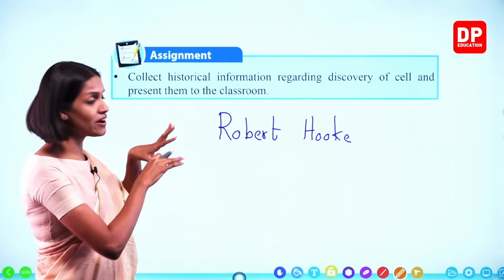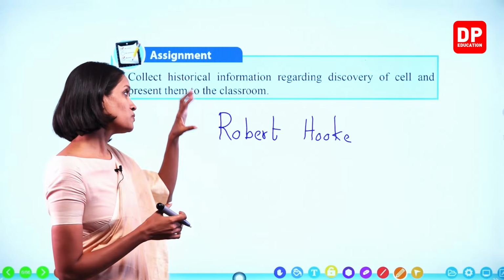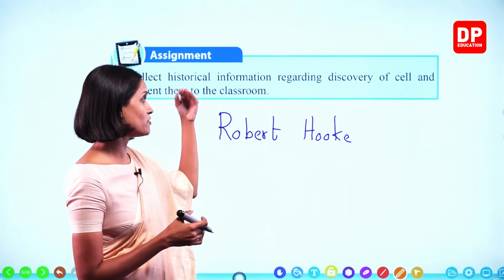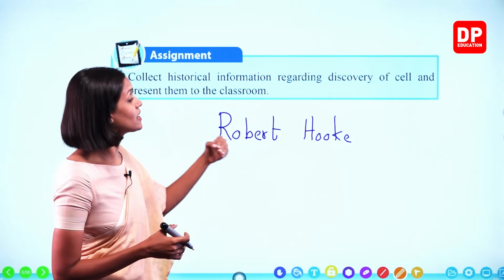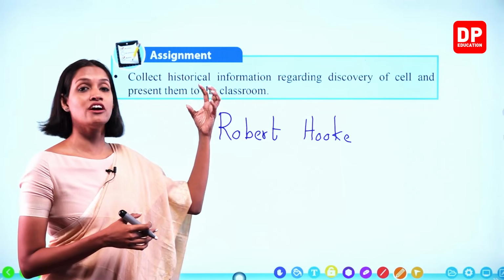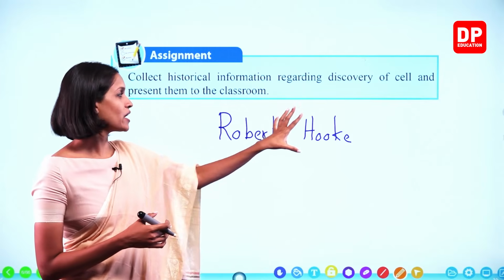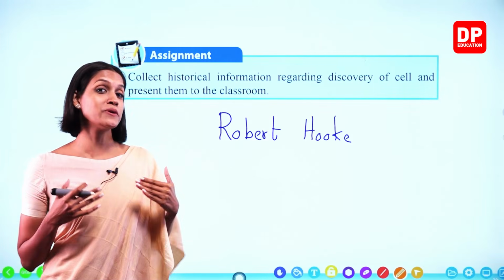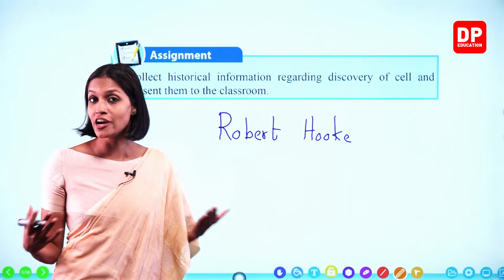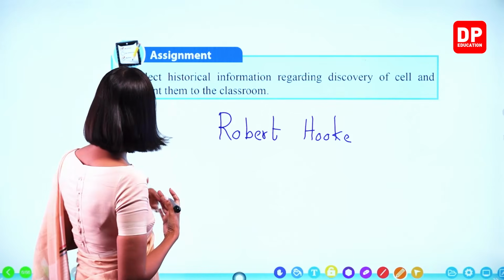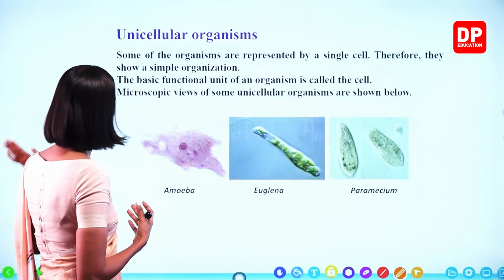You can divide work among your friends, and one person can find information about the discovery of cells. One person can find information about the history of the microscope or who invented it and all. Likewise, you can do it as a group activity and present it to the class so that you can share your knowledge. Right, children? Let's move on to the next.